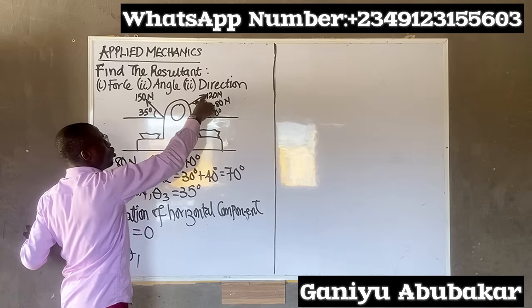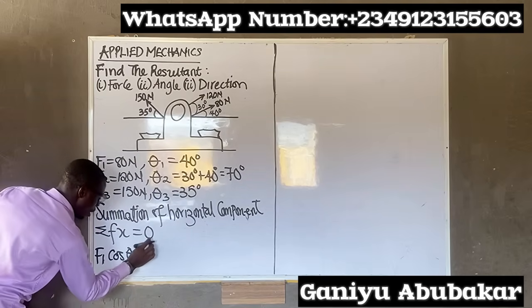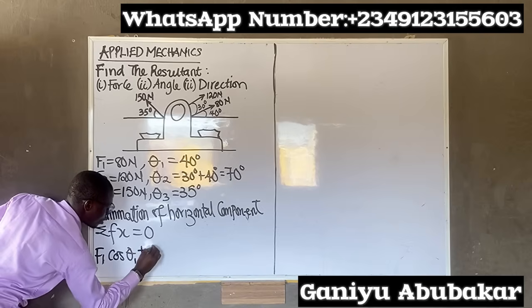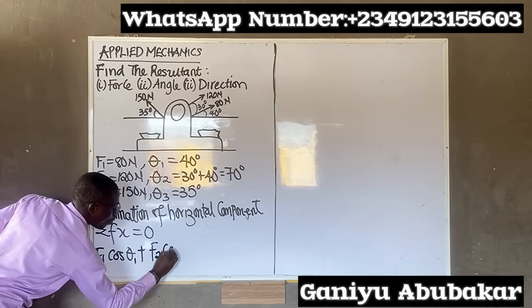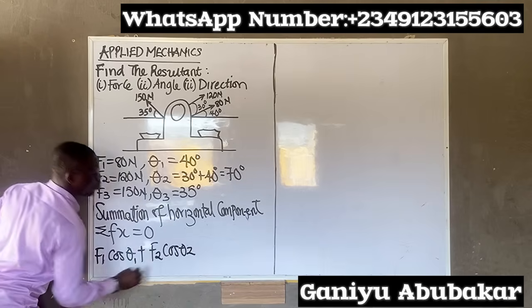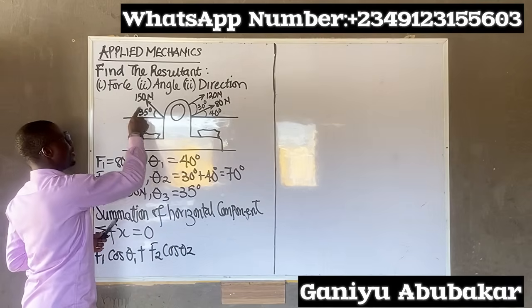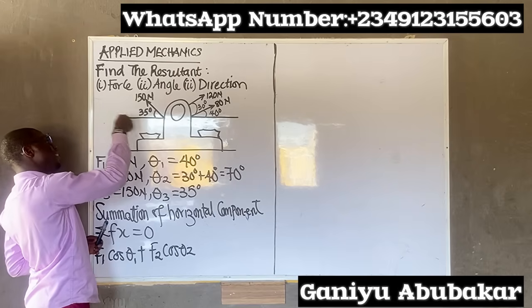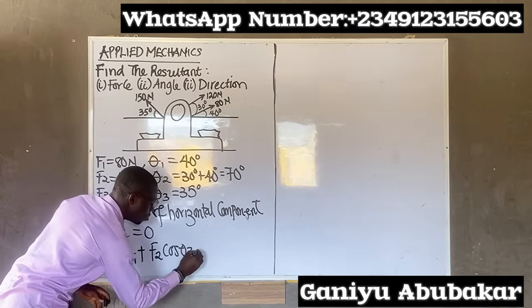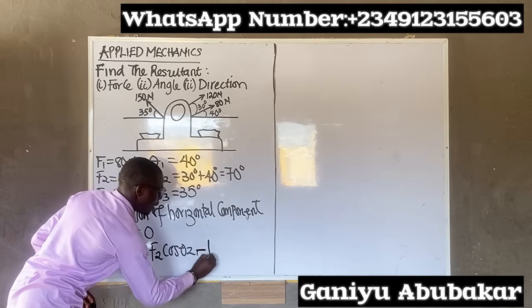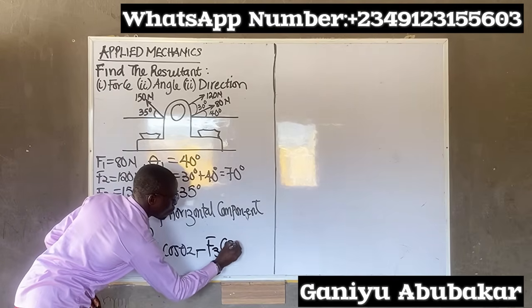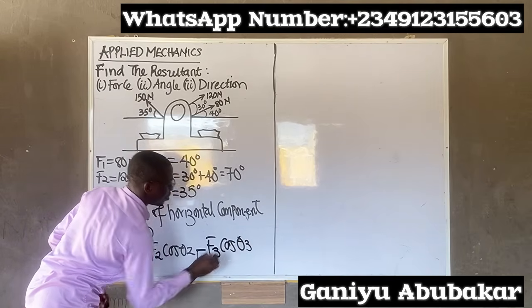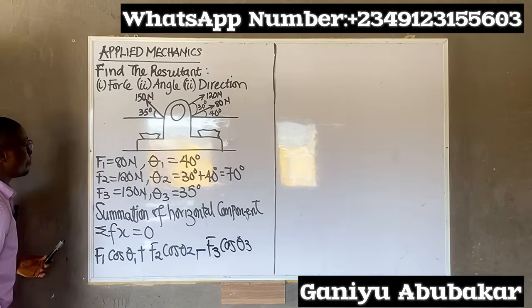F2 to the horizontal gives you plus F2 cos theta 2. If I take F3 to the horizontal, it is negative here. That gives you negative F3 cos theta 3.